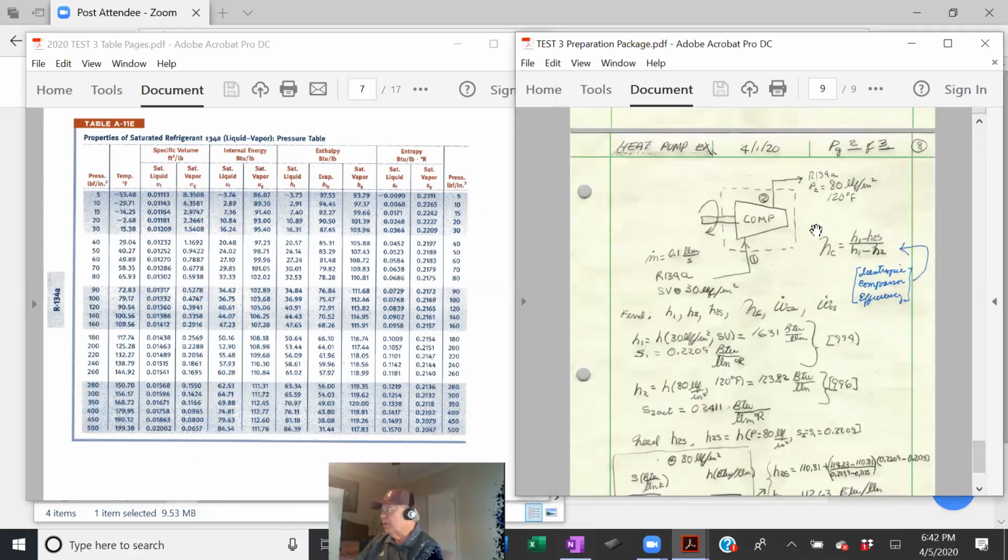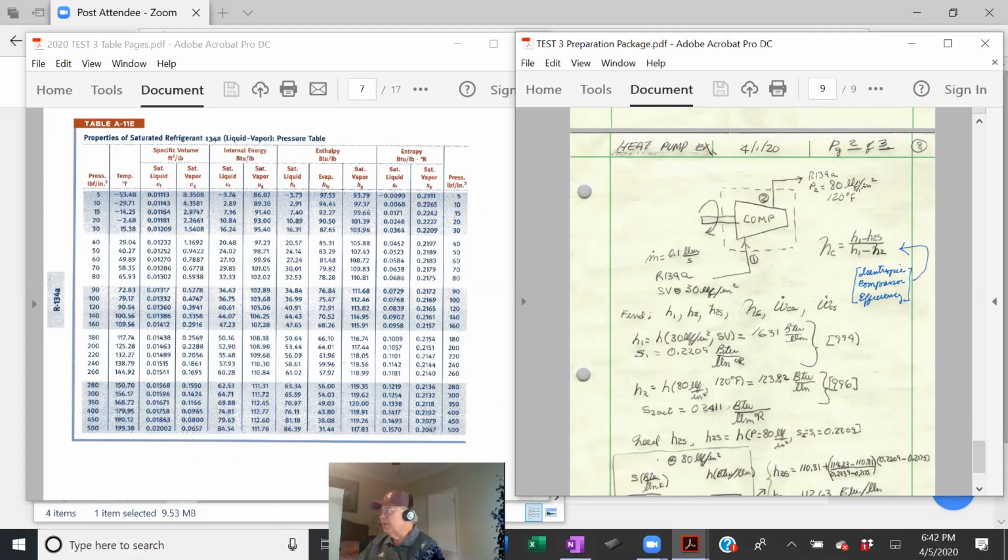All right, we got a compressor, air conditioner or heat pump compressor, either one, heat pump in this case. It's getting R134A as saturated vapor at 30 psi, 30 pounds per square inch, and that's absolute pressure. All pressure is absolute. The mass flow rate is 0.1 pound per second, and we're compressing it up to an exit pressure.